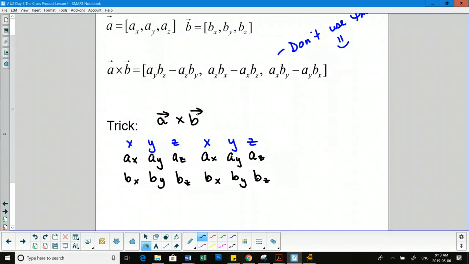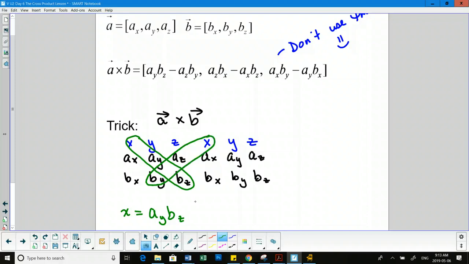Okay, so I'm going to focus here on some of the diagonals. If I want the x component of my cross product, it's going to be this right-handed diagonal, so AY BZ, subtracted with this left-handed diagonal right here.